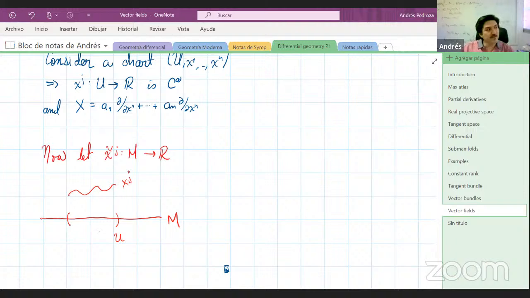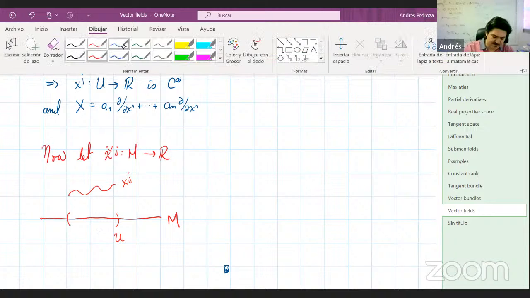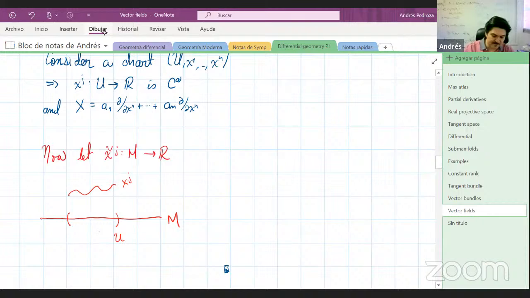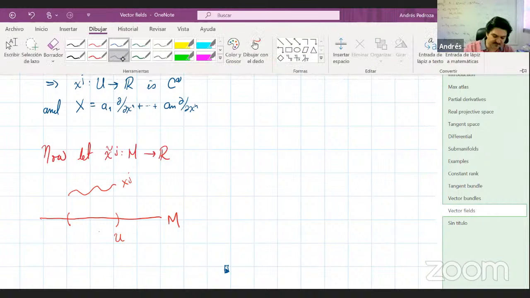So I need to extend aj to a C infinity function, a global C infinity function. So the way to do that is the following. I don't know if you have seen this in topology, but we need to consider a bump function.